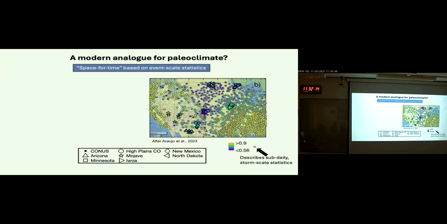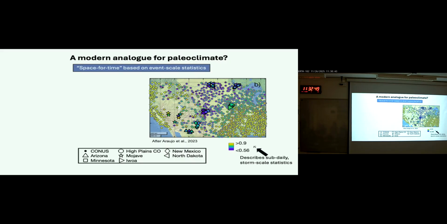And I use the space for time approach, which assumes that I can find an analog for time in space, but instead of just using climate records from different places, I do that over the kappa space, which means the tail property of rainfall. So I collected the nationwide rain gauge data over the entire US, and then these rain gauges are plotted against their kappa that describes the sub-daily storm statistics.